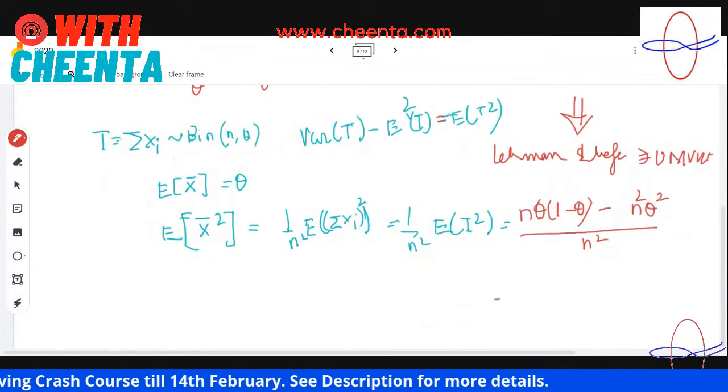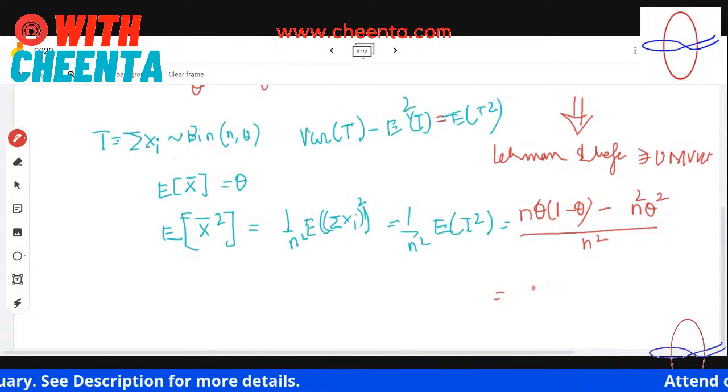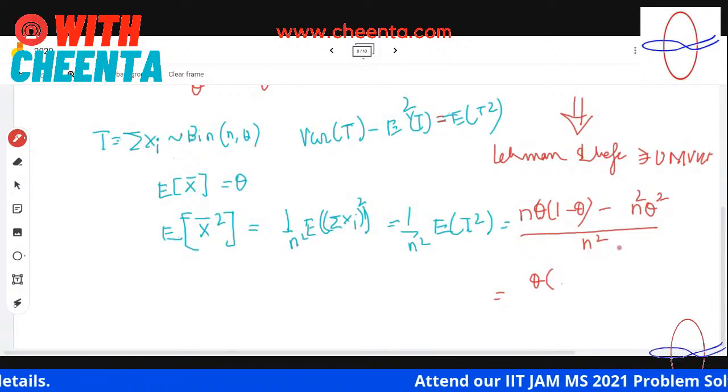So what do we get? We get theta into (1 minus theta) by n, plus theta square. Let's calculate this.